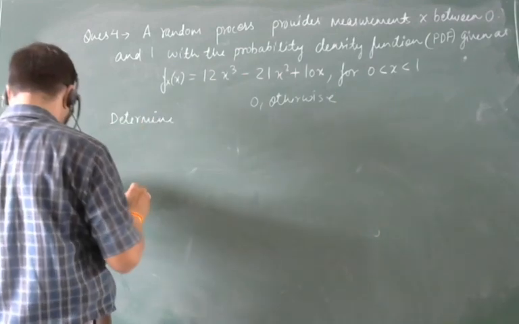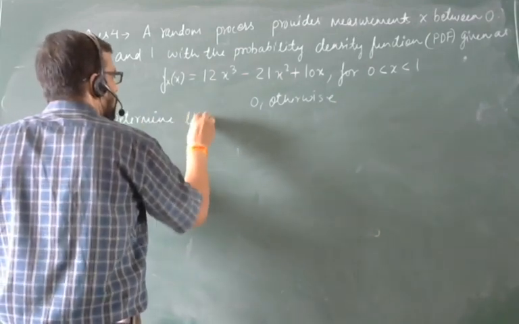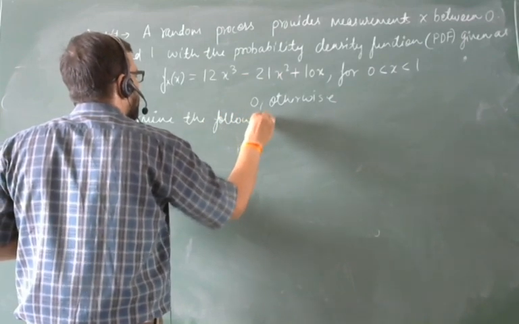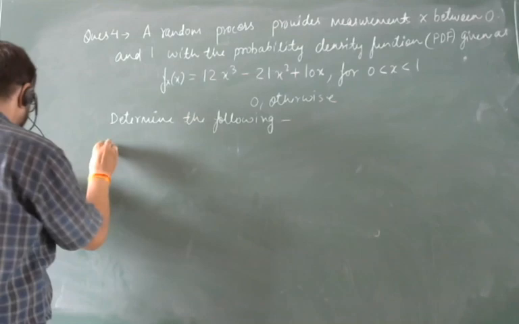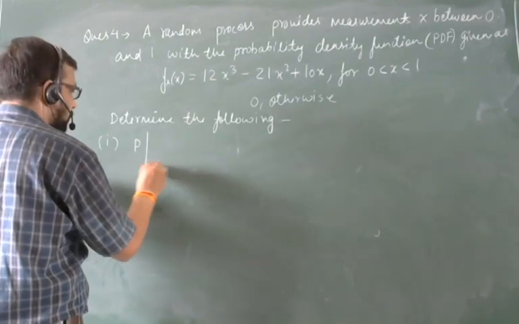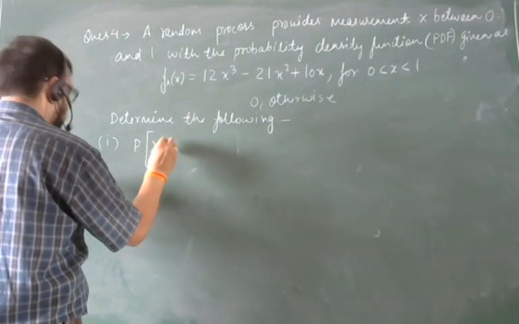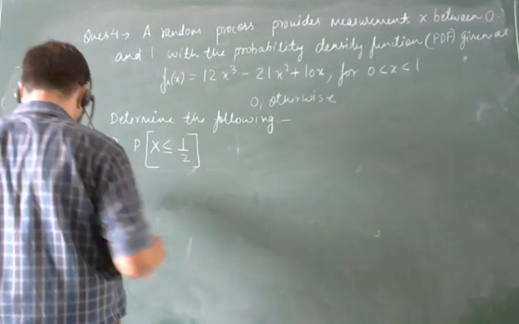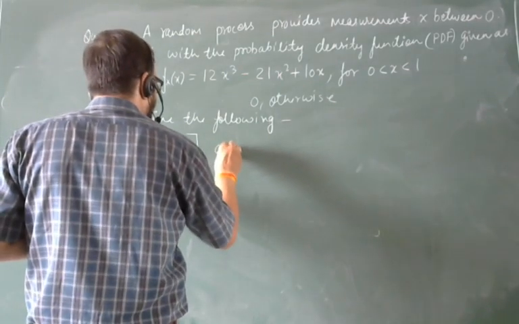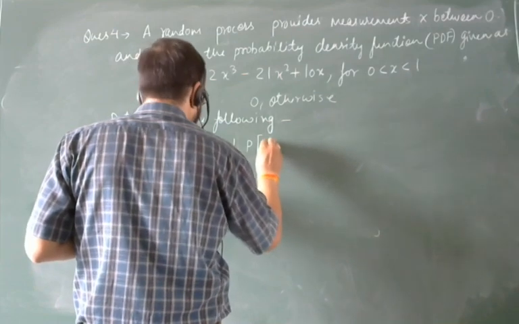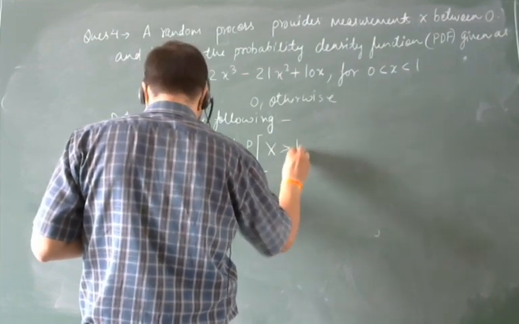Determine the following. First, the probability of the random variable when x is less than or equal to 1 by 2, and the probability when x is greater than 1 by 2.